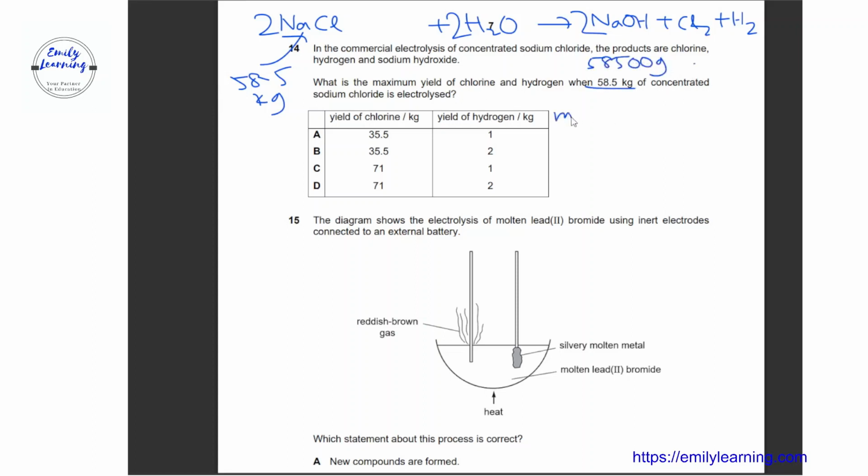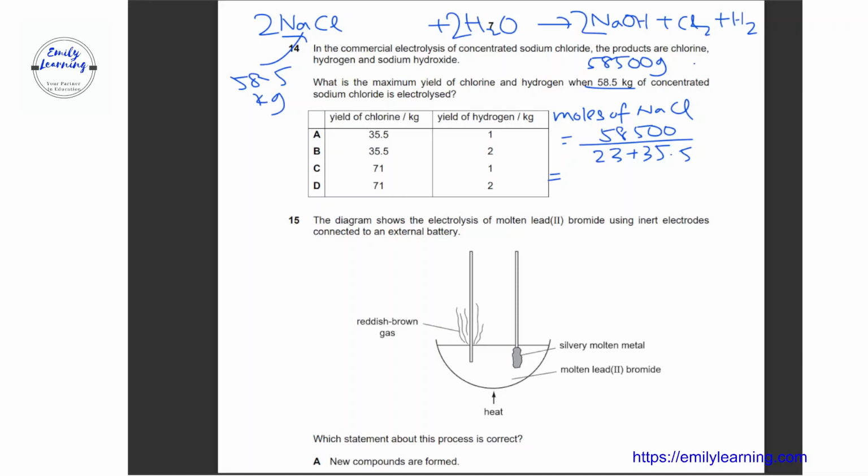So the number of moles of NaCl is basically mass in grams divided by the molar mass, which is 23 plus 35.5. Molar mass of Na is 23, Cl is 35.5. Just check the periodic table. Put this in your calculator. We will get 1000.